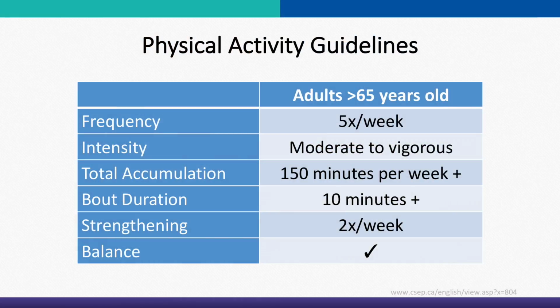Exercise can be done in a single longer duration bout or spaced out over the day in shorter 10-minute bouts for a total weekly accumulation of at least 150 minutes per week. Strengthening exercises should be done at least 2 times per week, and balance and flexibility exercises should be done regularly to reduce the risk of falling.